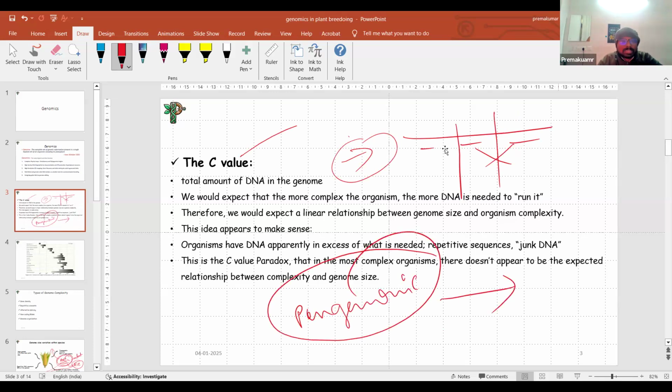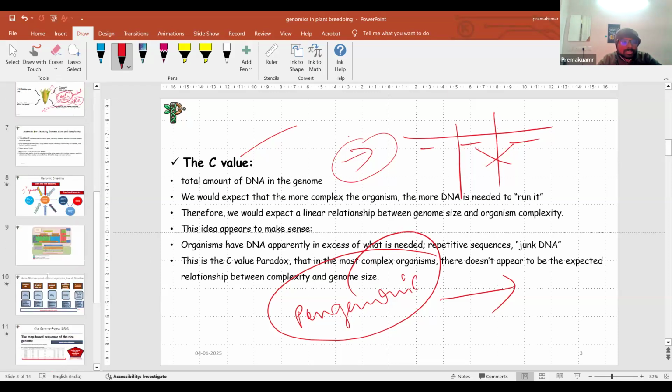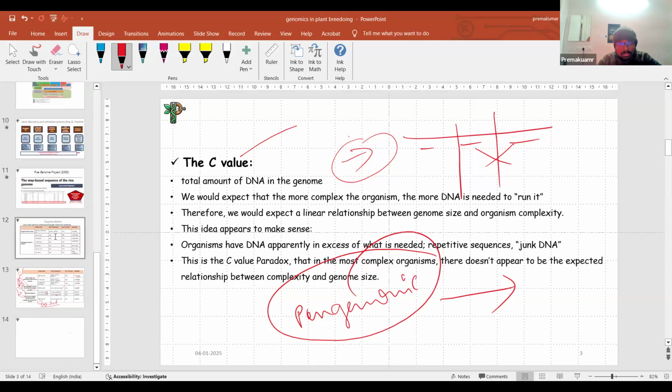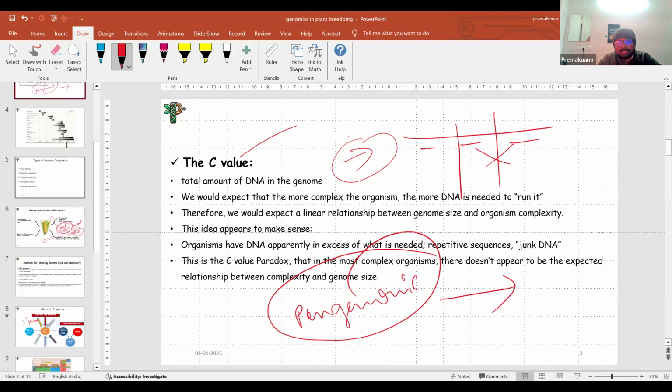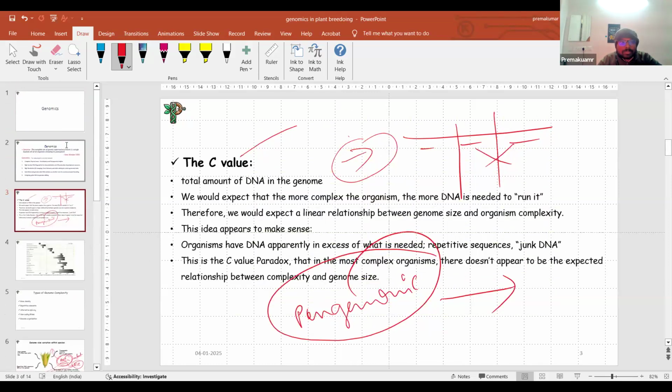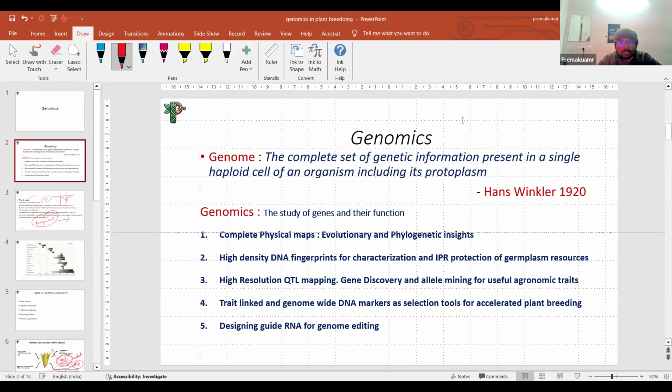There are several things. We'll discuss them. Don't worry if you don't know these, because you have a separate course on genomics in plant breeding in the PhD, where you will deal with these things for the entire six months. But at least you should know something.